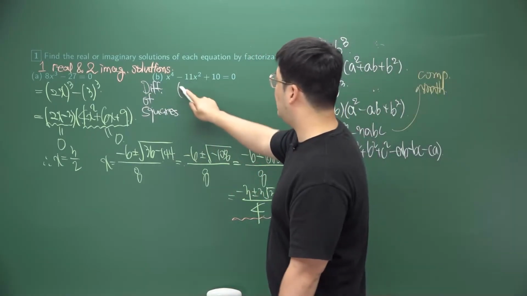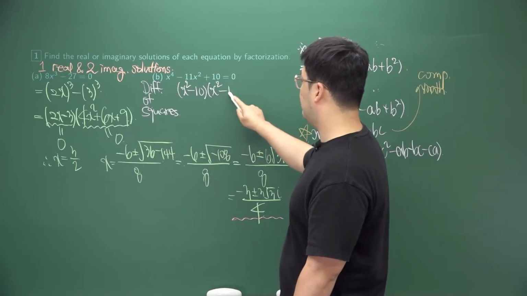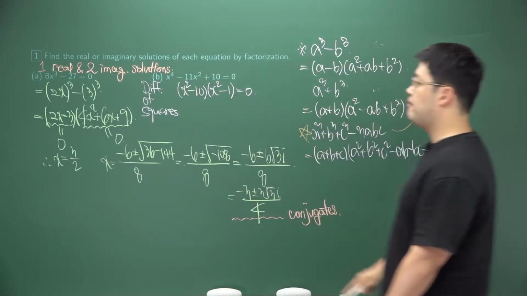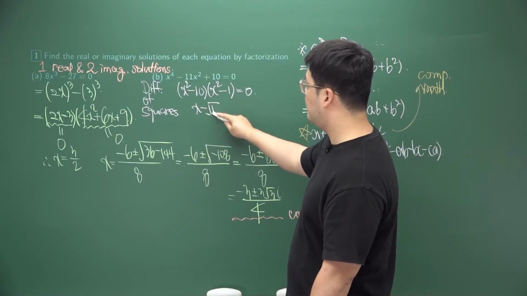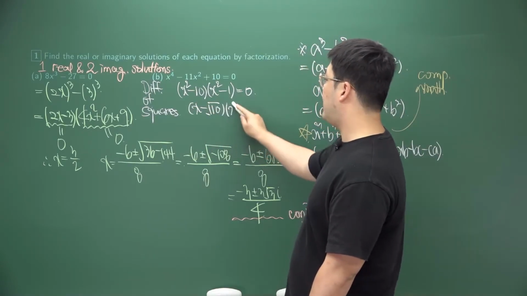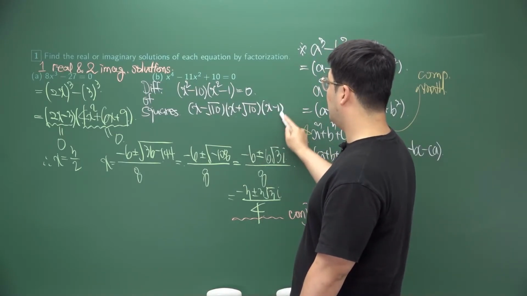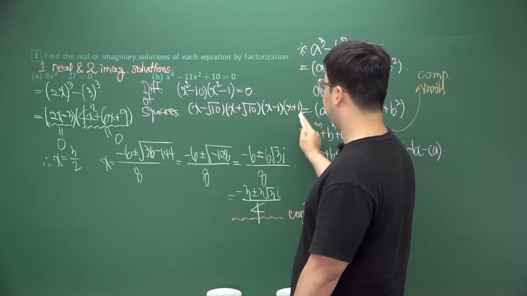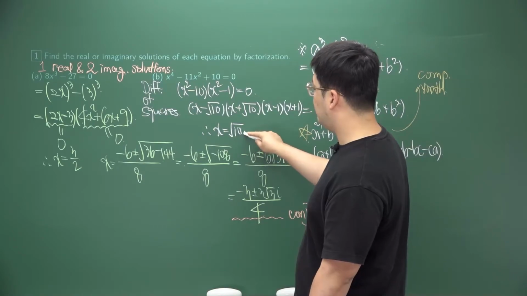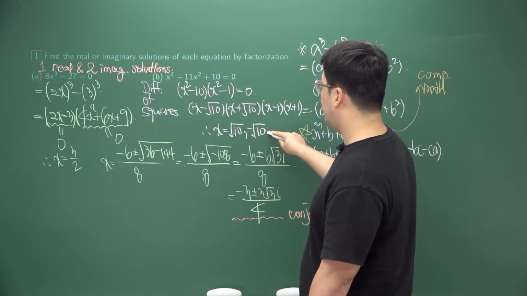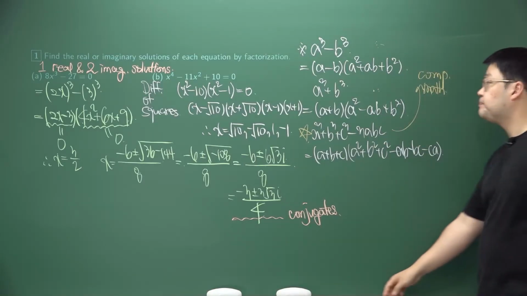It can be written down in the following form: x minus square root of 10 times x plus square root of 10, x minus 1, and x plus 1. So x is going to be square root of 10, negative square root of 10, 1, and negative 1. 4 real solutions.